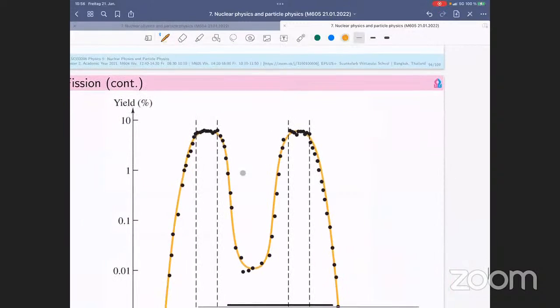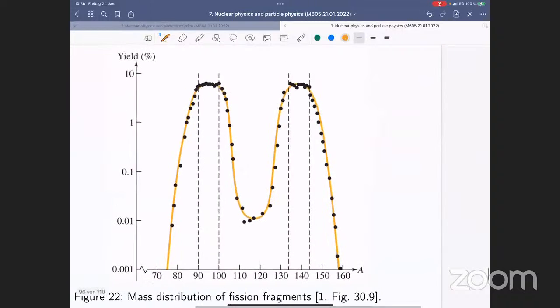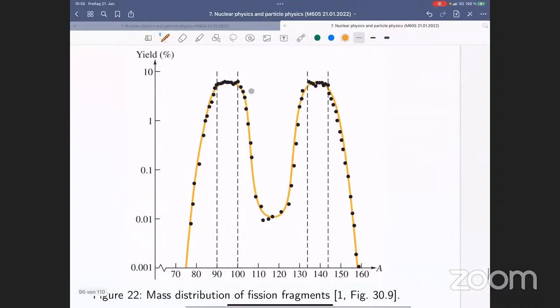The physicists have tried to collect the data from experiment, and here is the result. A means the number of nucleons inside the nucleus, right? And they found that this is the mass distribution of the fission fragment. Let's say if this is X and here is Y, there is a high percentage of the nucleus to get the nucleon number for X like 95.